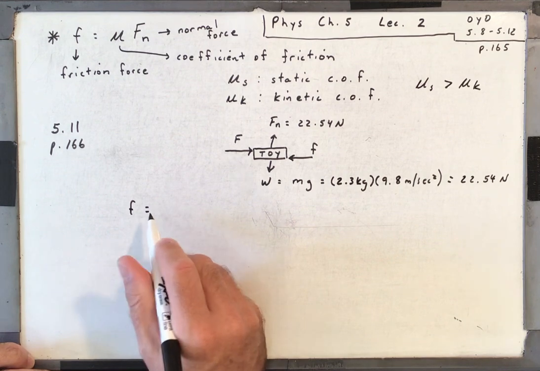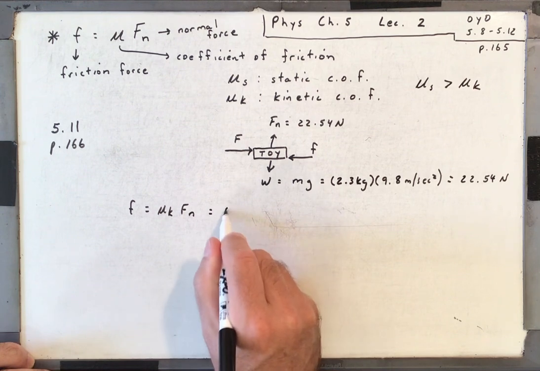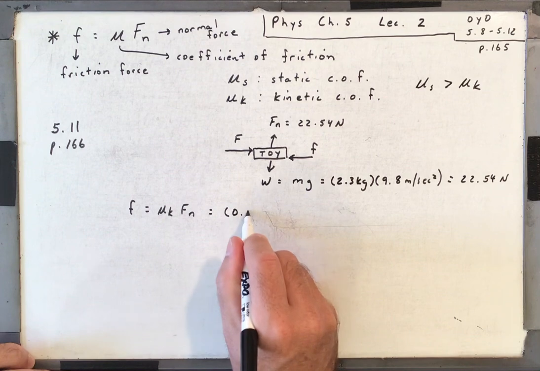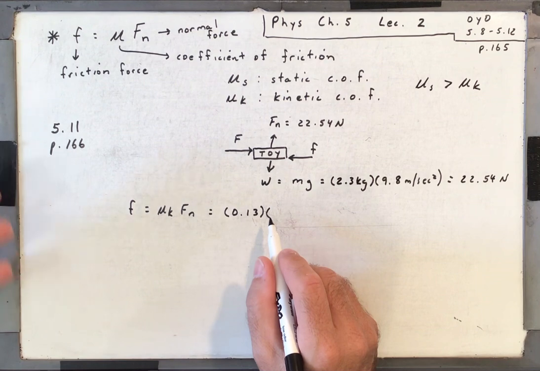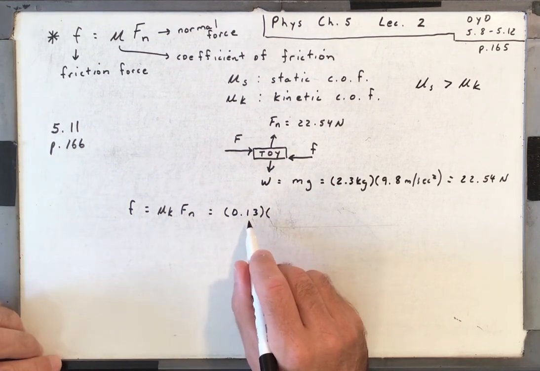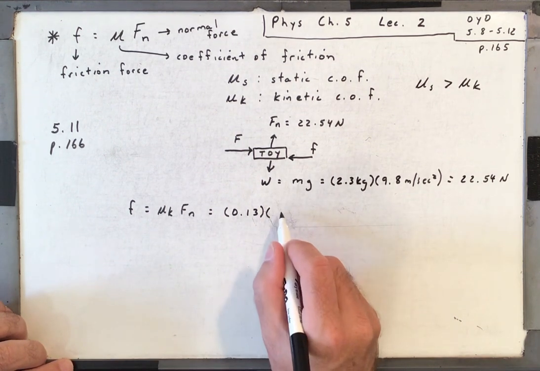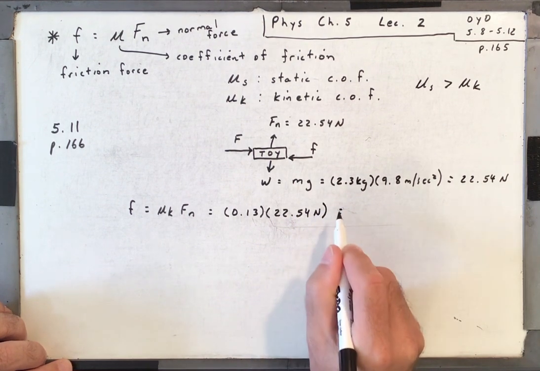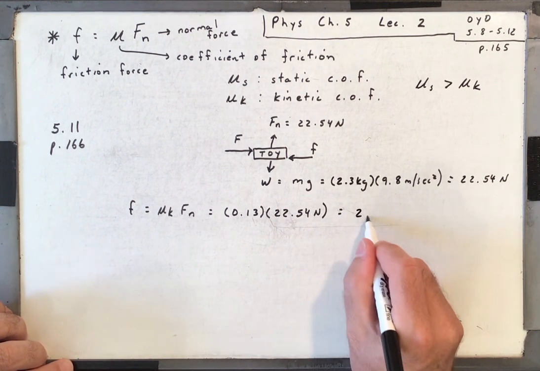The toy's already moving, so it's mu sub k times the normal force. Mu sub k in this case is very small, 0.13. Your average asphalt road has a mu of 1, so you can see this is much slicker than that. The author used numbers that were a little bit on the small side here. Times 22.54, so that frictional force is 2.93 newtons.